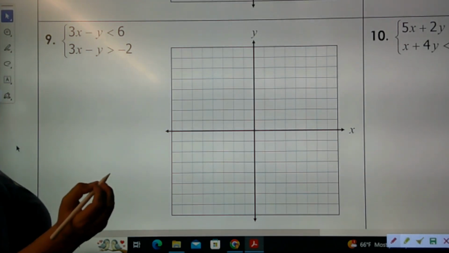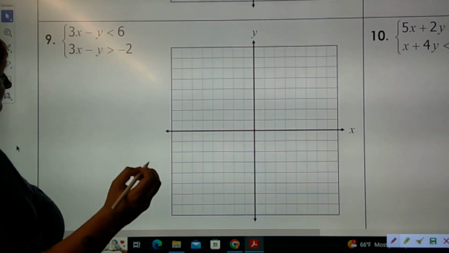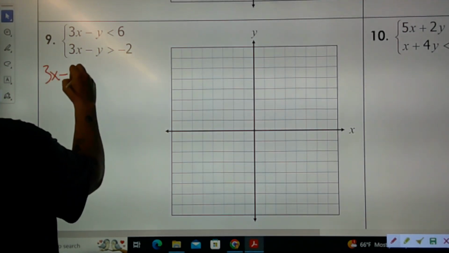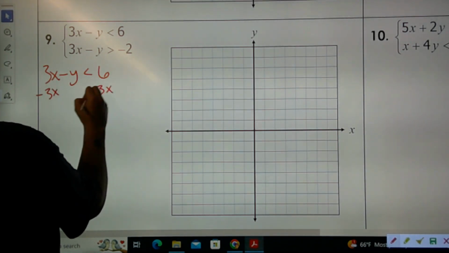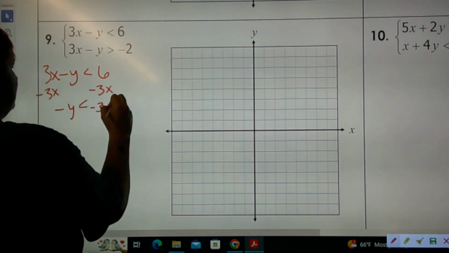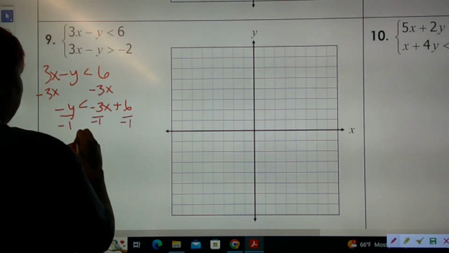Neither one is in slope-intercept form. 3x minus y less than 6. Subtract 3x: negative y less than negative 3x plus 6. Divide by negative 1, which means I have to flip the symbol.